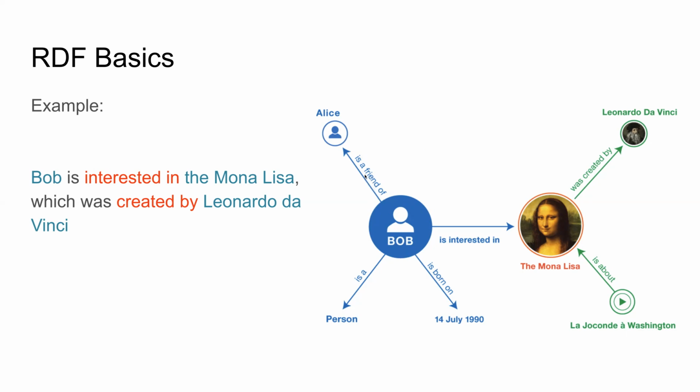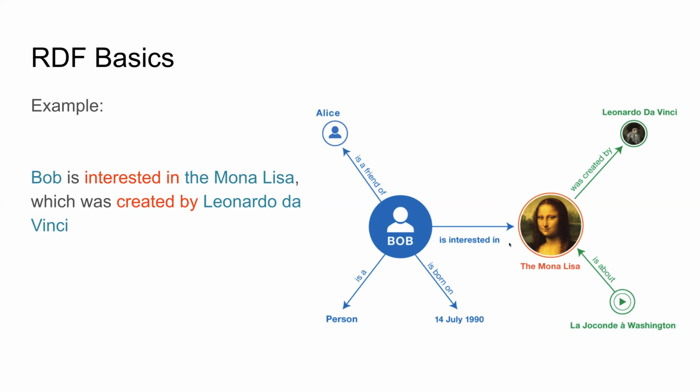For example, we know that Bob is a friend of Alice, that Bob is a person, that Bob is born in 1990. And then we also know that Bob is interested in the Mona Lisa. So Bob is a resource, its property is being interested in, or born on, or is a, and then the value is whatever comes at the end of the property.